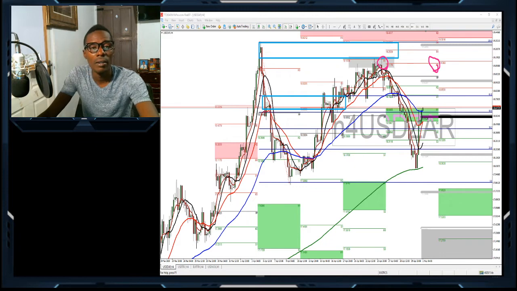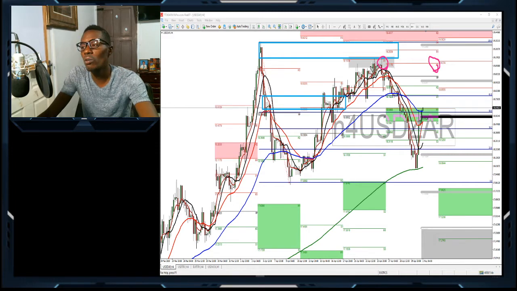Bottom line, you have to know price action. Without the price action, it's rough. Whatever strategy you use, you need the price action, whether it's a candlestick or a higher low scenario.